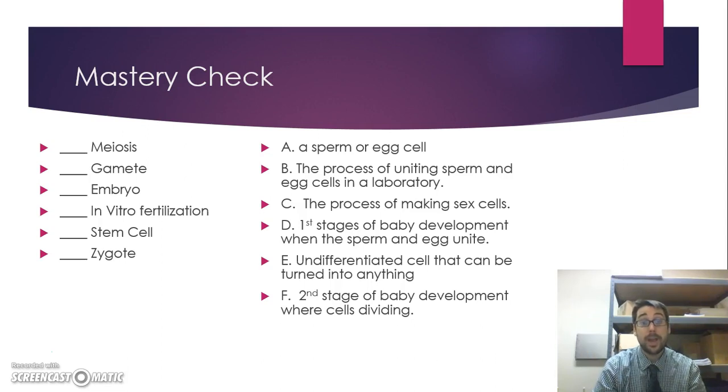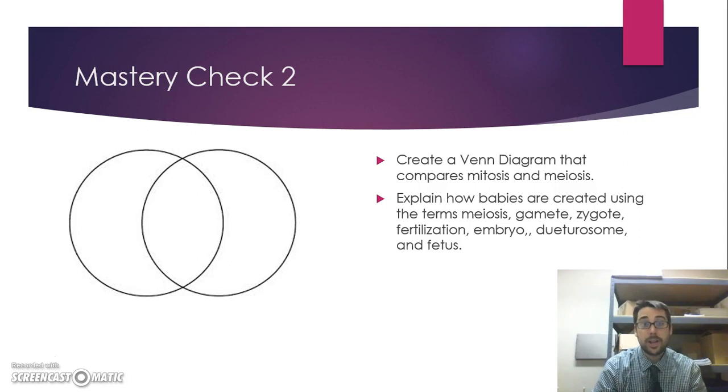Here is a quick matching section that I encourage you to do in your notebook of meiosis, gamete, embryo, in vitro fertilization, stem cell, and zygote, just a few of the terms you heard today. And then another mastery check, I put two in here. You could make a Venn diagram, which we started with comparing mitosis and meiosis, or a really good challenge would be to summarize what you learned today in the video, but use the terms.